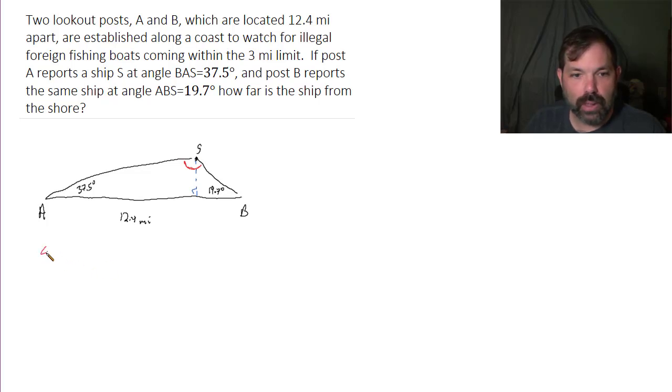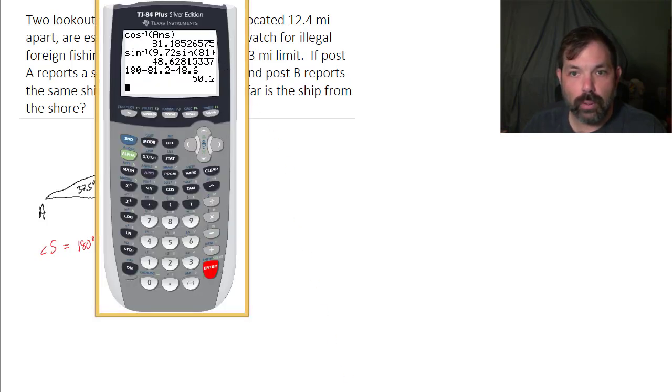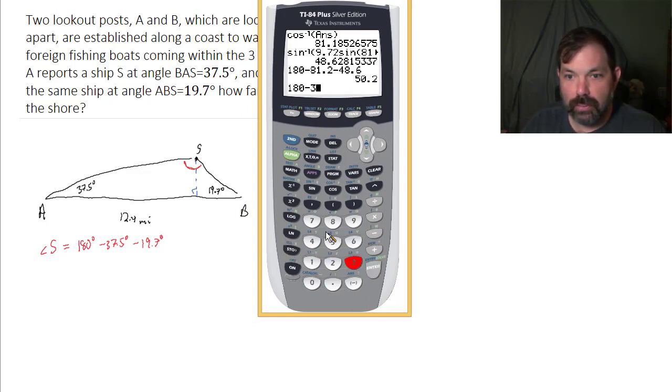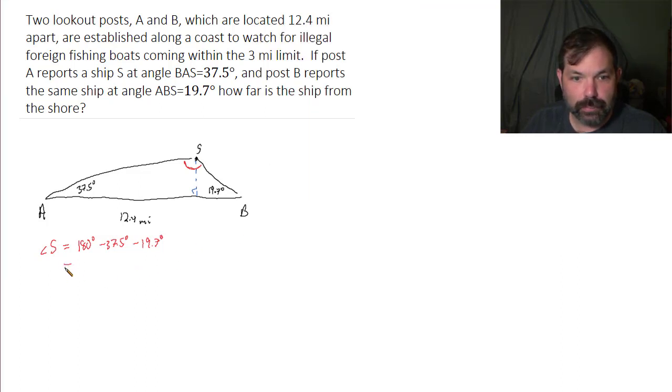Let's just call it angle S. So angle S, using the fact that it's 180 degrees in a triangle, would be 180 degrees minus 37.5 degrees minus 19.7 degrees. All right, we bring up our calculator. So that's 180 minus 37.5 minus 19.7, 122.8 degrees.